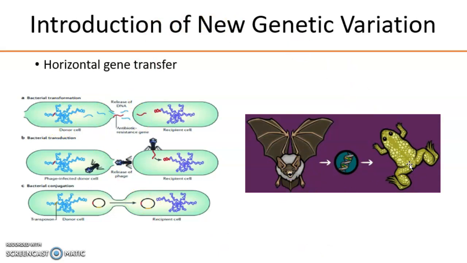So it can happen within and among prokaryotes and eukaryotes. We talked extensively about how this happens in bacteria and how the end result is that bacteria have some new genetic variability. It can also happen in other species, and how it happens depends on what two species we're talking about. But horizontal gene transfer is one way to introduce new genetic variation.